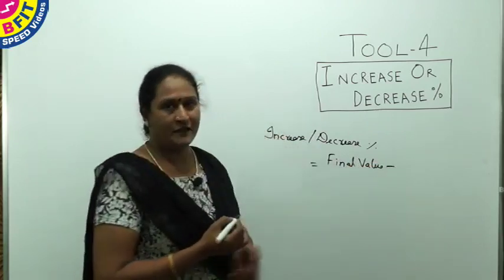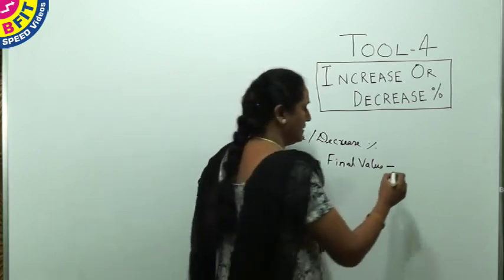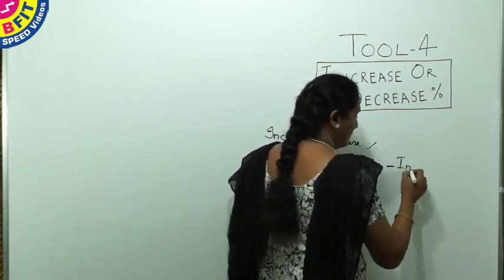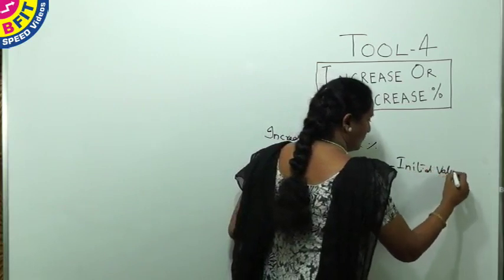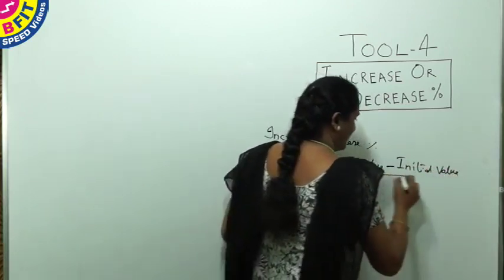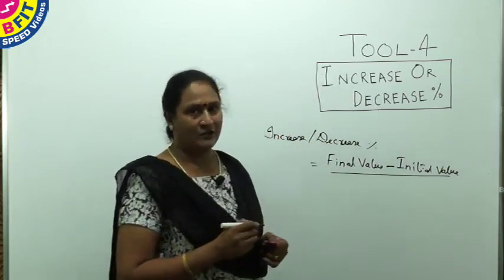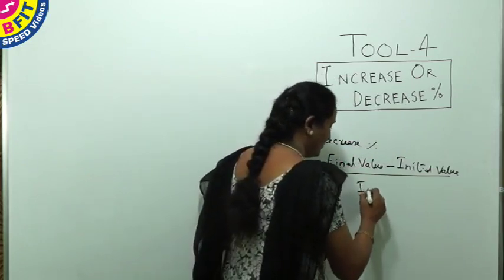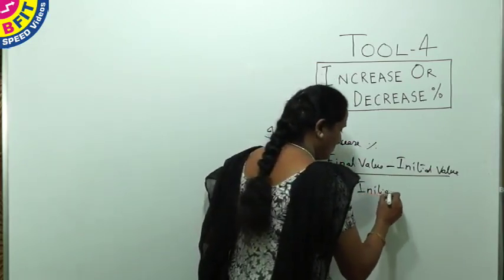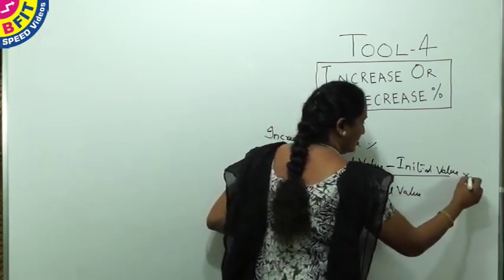So increase or decrease percentage is found by final value minus initial value divided by, so what will be the base? Initial value will be the base. So by initial value into 100.